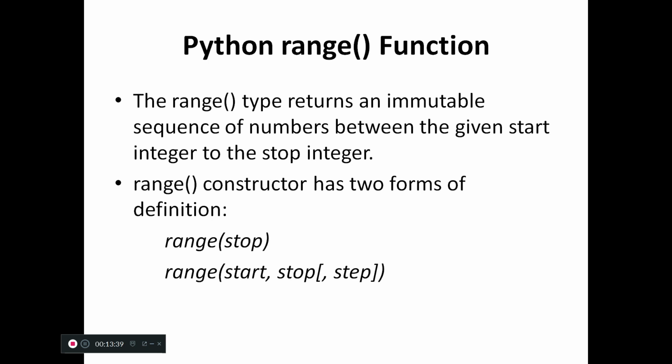Range returns an immutable sequence object of numbers depending upon the definitions used. It's simple as that. It returns a sequence of numbers starting from 0 to stop minus 1. It returns an empty sequence if stop is negative or 0.